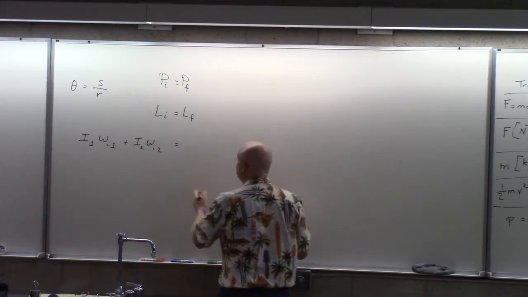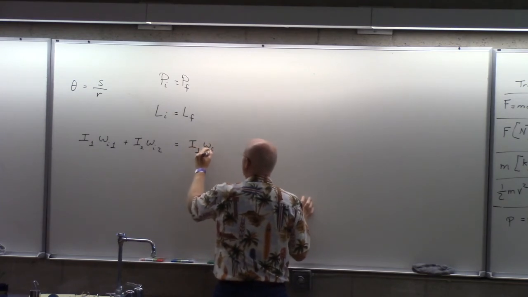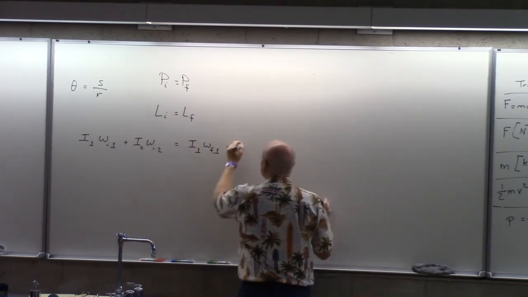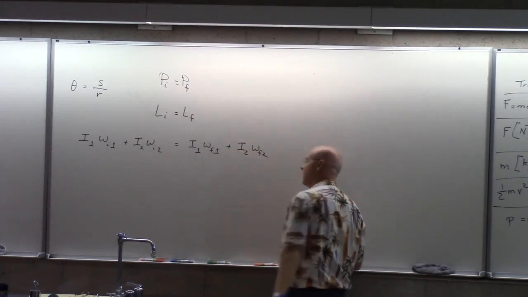That would then have to equal the inertia of the first one and the final speed of the first one, plus the inertia of the second one times the final speed of the second one.